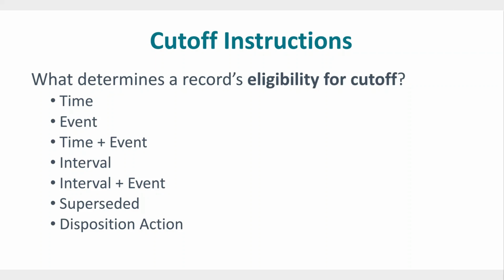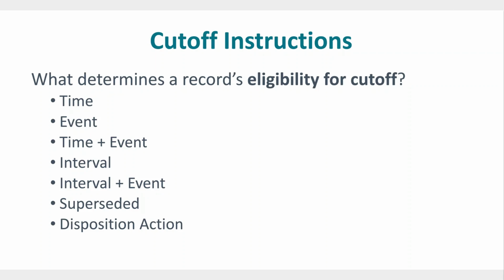And then the last four there are things that we do less frequently. We see these less frequently in records management instructions. Intervals, so if it's on a rotating interval of cutoff. You could also do superseded, so if you have, say, emergency management policies that have to stay in place until a new one comes to replace it, then superseded would be the eligibility for cutoff.